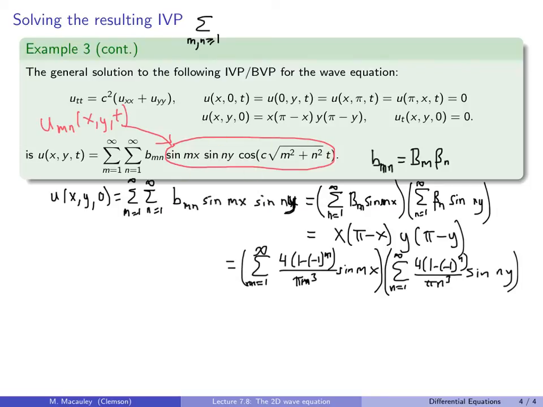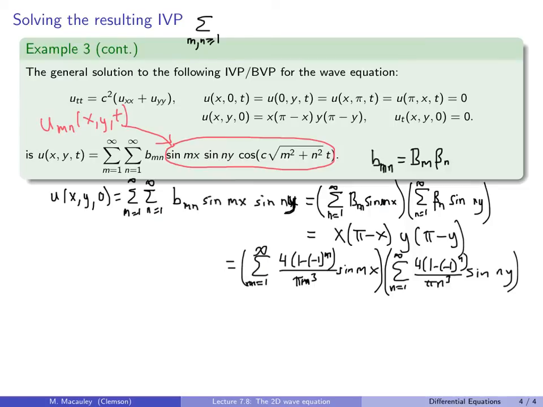We get this doubly infinite sum of sine mx times sine ny, which we can factor as a product of a sine series in x and a sine series in y, which is this parabola in x and this parabola in y, each written as a sine series.